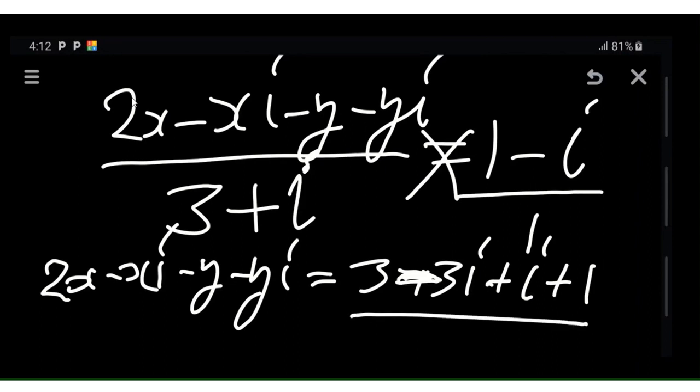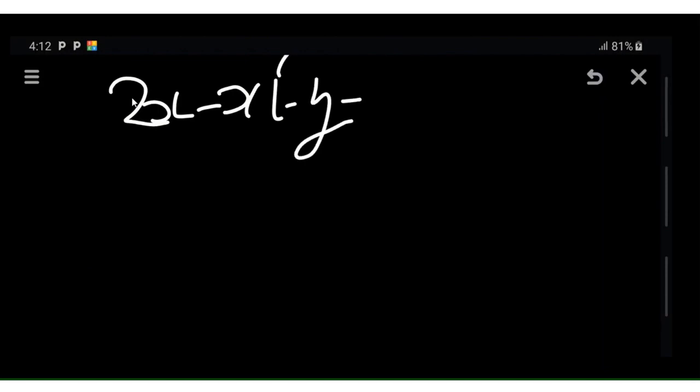This here, you add them up, because we have minus 3i plus i, and so when you do that, you have x minus xi minus y minus yi.